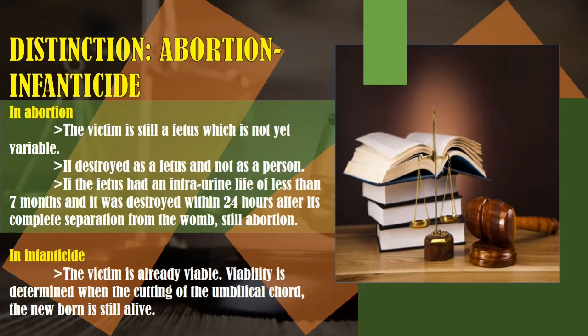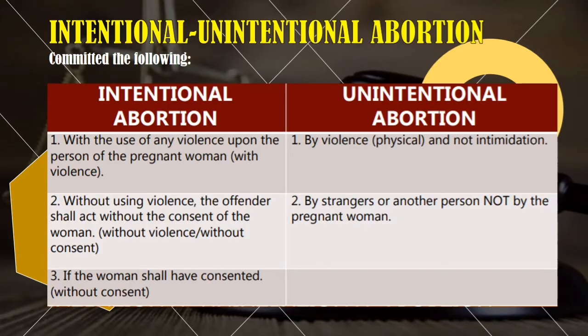So how are this intentional and unintentional abortion committed? Intentional abortion is committed with the use of any violence upon the person of the pregnant woman, or if without using violence, the offender shall act without the consent of the woman, or if the woman shall have consented to the abortion.